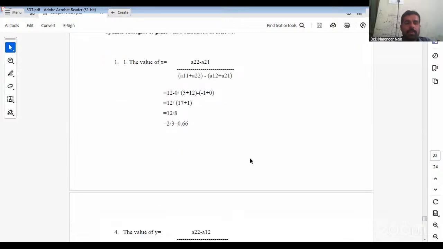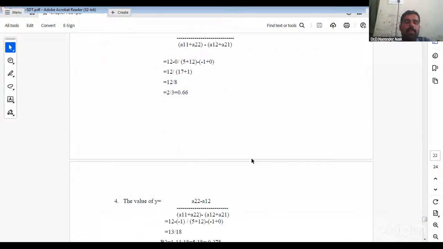The value of y is a22 minus a12 divided by a11 plus a22 minus a12 plus a21.